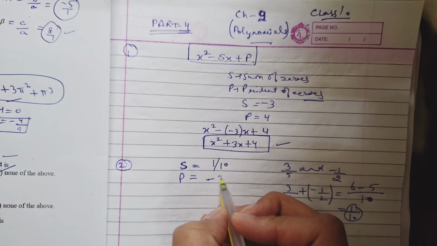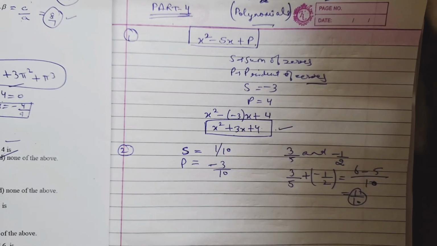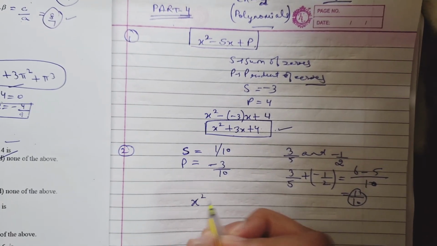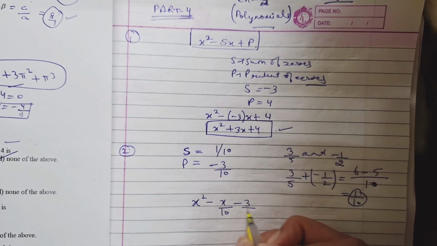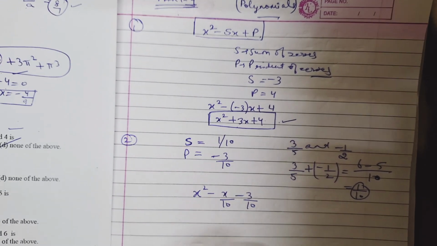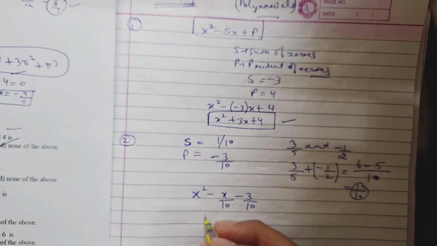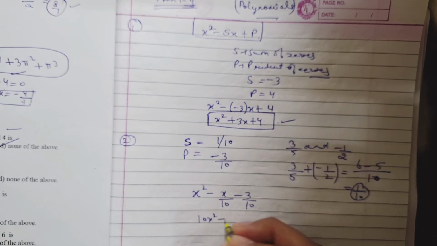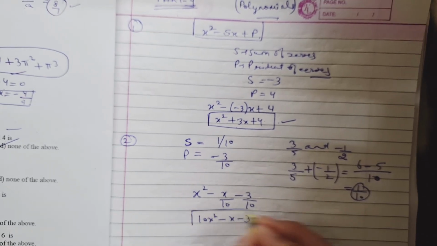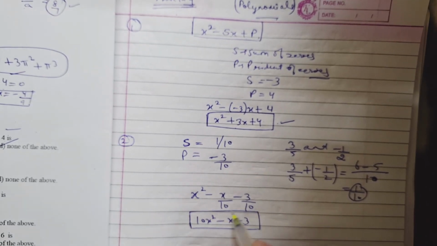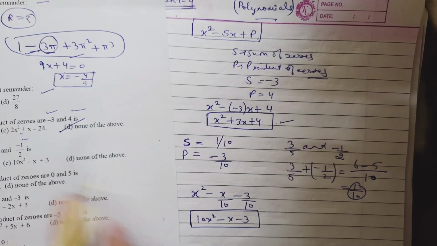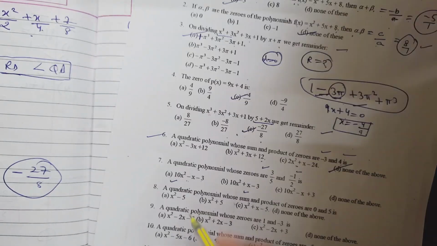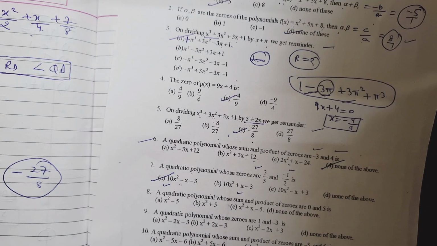It will be minus 3 by 10. So what will be the polynomial? x square minus x by 10 plus the product, minus 3 by 10. So your quadratic polynomial will be 10x square minus x minus 3, when you multiply the whole thing by 10. So the first option is the correct option.